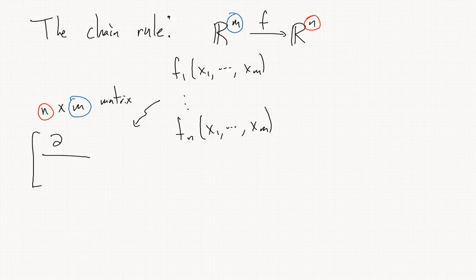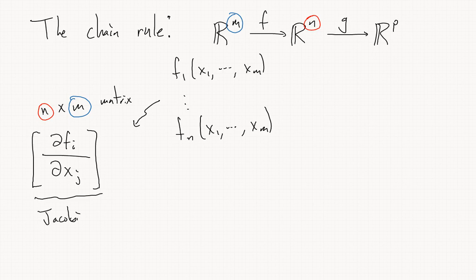So we can get an n by m matrix where the entries are going to be, for one of the particular rows, like del fi over del xj. We call this the Jacobian matrix of f. Let me just write it. J of f.